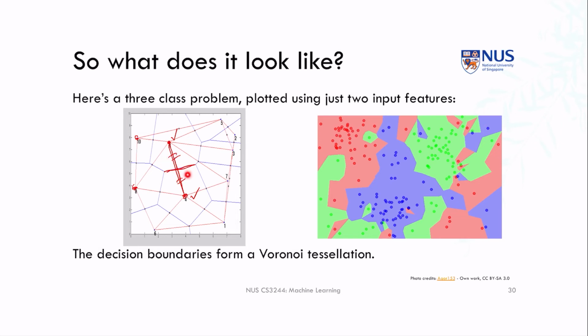And any point on this side of this boundary is going to be colored the same as this point down here. Okay, and we're going to define this surface for all of the other points that are in the training data set, and we're going to get this tessellation, right? This nearest neighbor boundary, which is very complex because it has a lot of straight line segments, is going to define the boundaries between our classes.